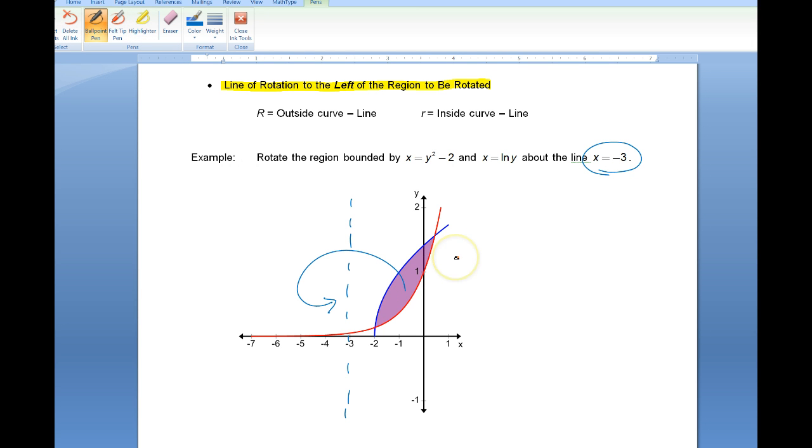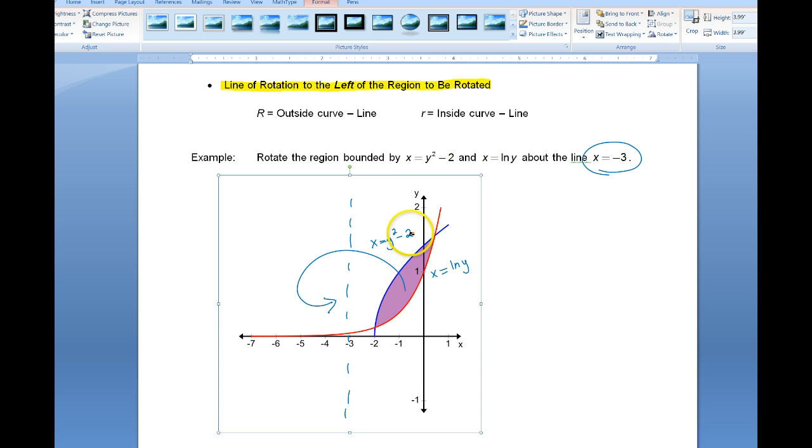Which one is the red one? This is ln of y, good, and this one is x equals y squared minus 2. Again, I took the ones on the previous page and just solved it for x for you. They still have the same bounds, right? So remember it was negative 1.981, comma, 0.138. And this one is 0.448.